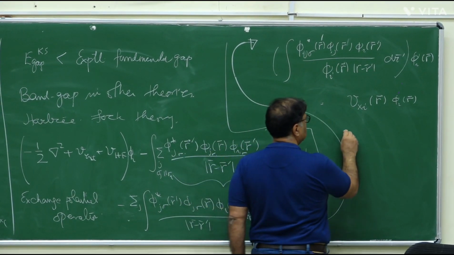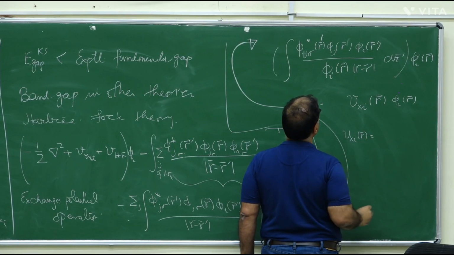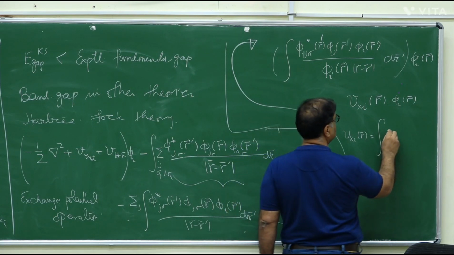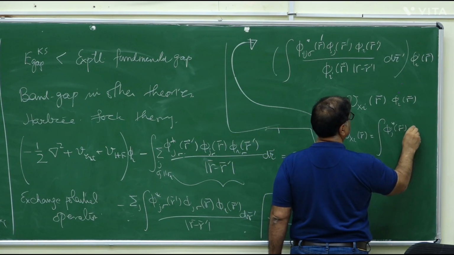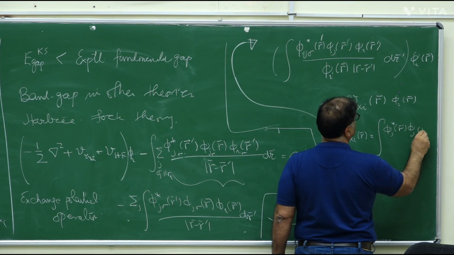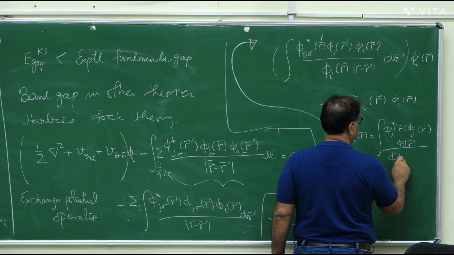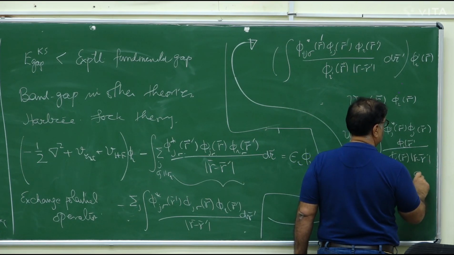where V x i(r) is nothing but this integral. I'm being very explicit because I want you to see each and every term: phi j(r prime) phi j(r) phi i(r prime) over phi i(r) |r minus r prime| dr prime.